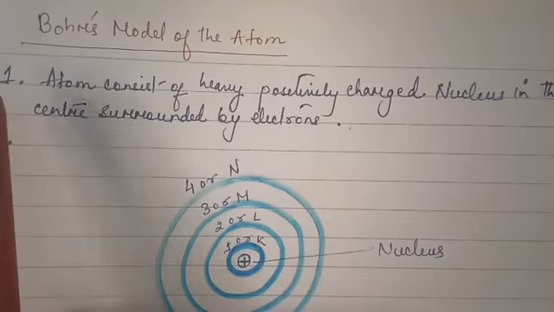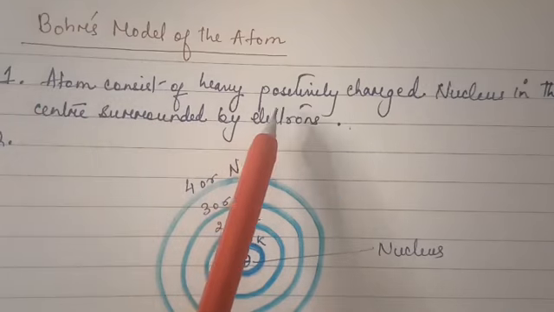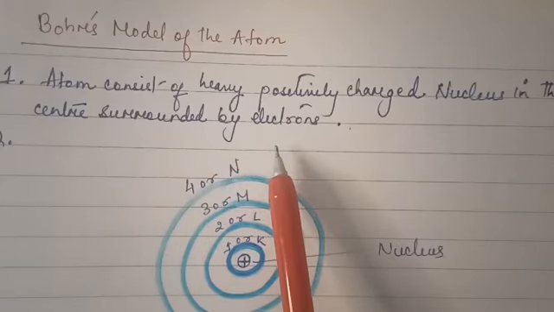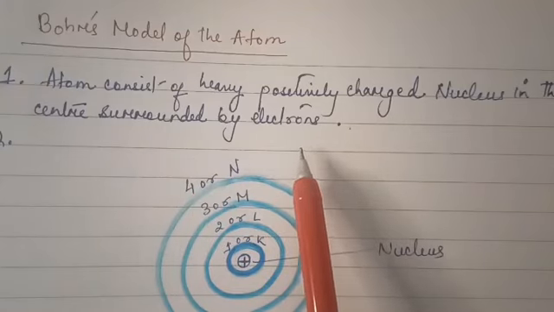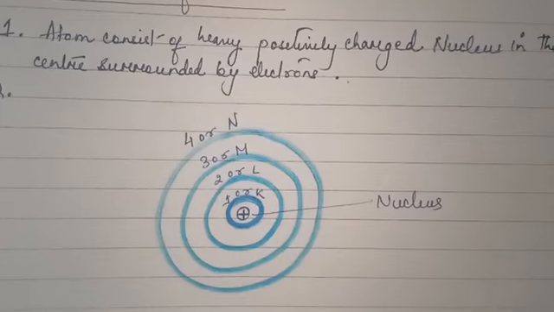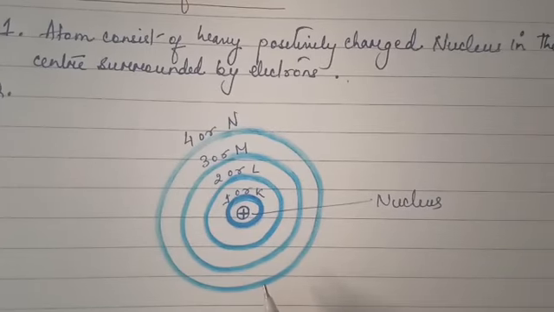Number one is that an atom consists of a heavy positively charged nucleus in the center surrounded by electrons. If we assume the atom, we can draw the diagram as shown in the figure, where there is a circular center where lies the nucleus, the positively charged nucleus.